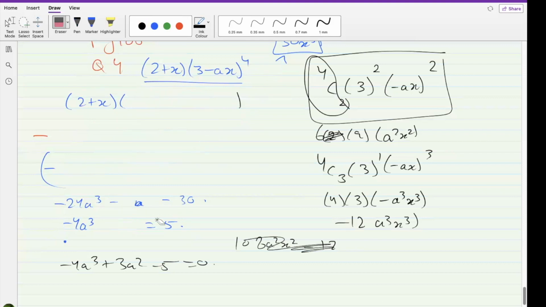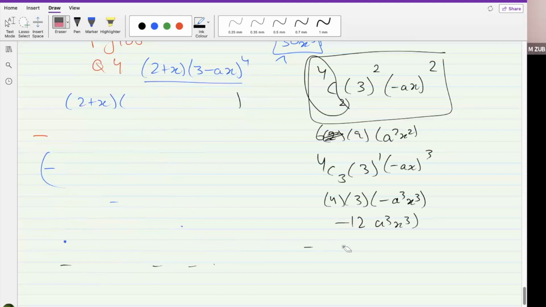Wasn't it 108a cubed x cubed? Yes, yes, yes. So 6 times 9 is 54 a square x square. And then the second one was minus 12 a cube x cube.